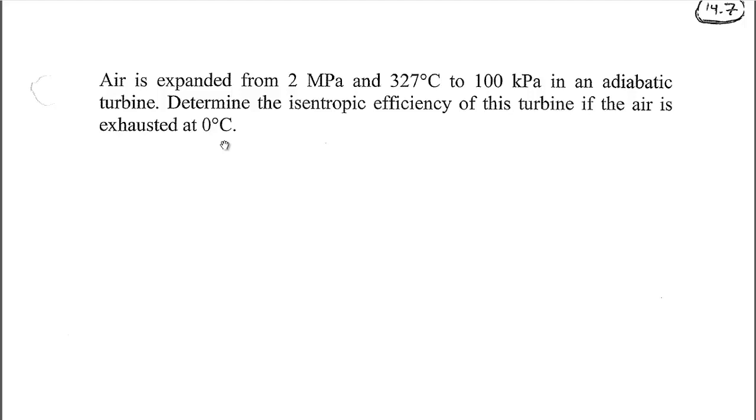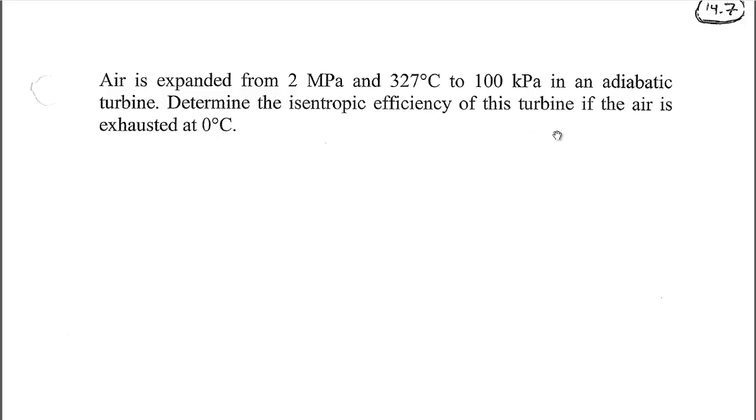Well, I don't know what you said precisely, but I'm hoping that you said it was the real exit temperature. If you said it's the ideal exit temperature, you might be scratching your head thinking, okay, how am I supposed to know this? Remember that you're being told to determine the isentropic efficiency of the turbine.